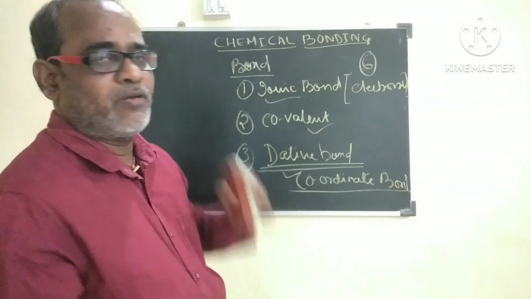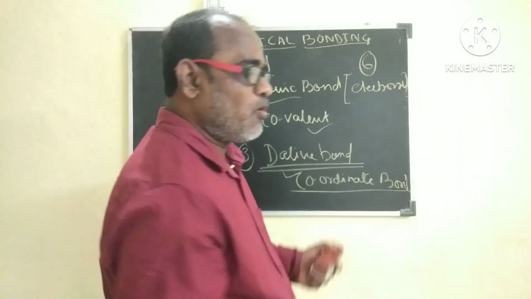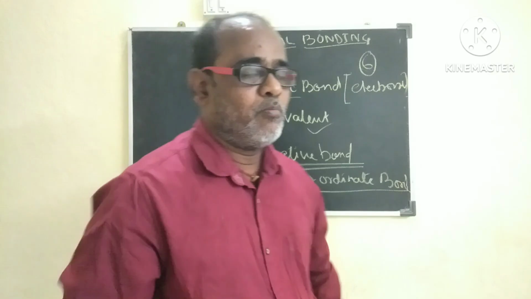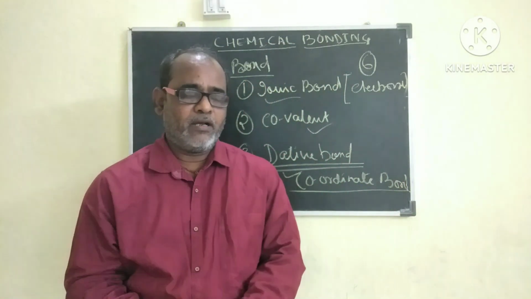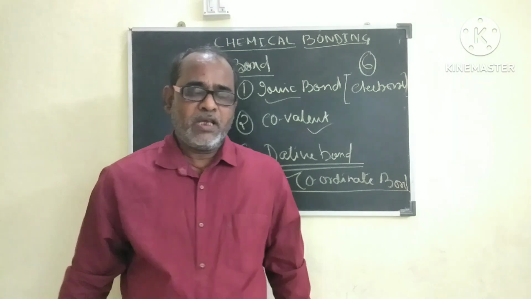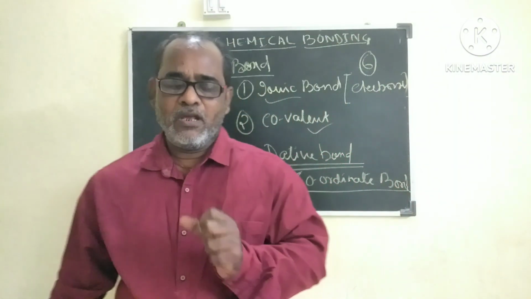The very first bond we are going to read about is ionic bond, that means electrovalent bond. How is an ionic bond formed? My dear, the formation of ionic bond is between metal and non-metal. Why?